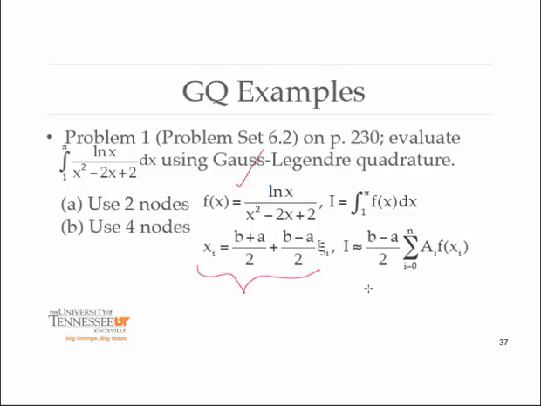So the adjustment to the rule is like we had before in the previous slide. This is the rule then. It'll have to be b minus a divided by 2, then using the weights from the Gauss-Legendre table or function from Python. But then you must take the corresponding abscissas from the table or that function and plug them into this little equation to get each xi, which then goes into f.